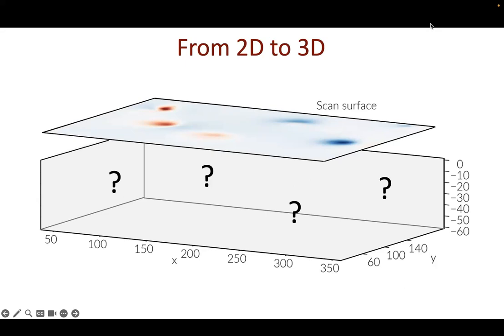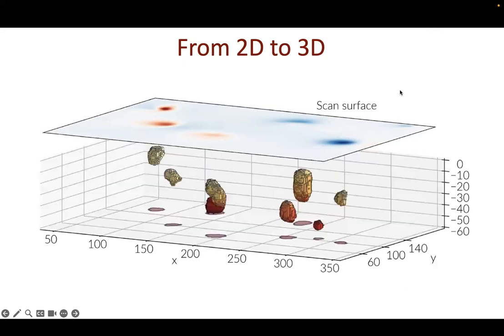So if we now combine our magnetic scan with our micro-CT scan, we now know where we should put our magnetizations. And that means that this inversion all of a sudden becomes a unique problem, and we can determine the magnetizations of our individual grains. This is basically the master thesis of Anna Marika back in 2015.